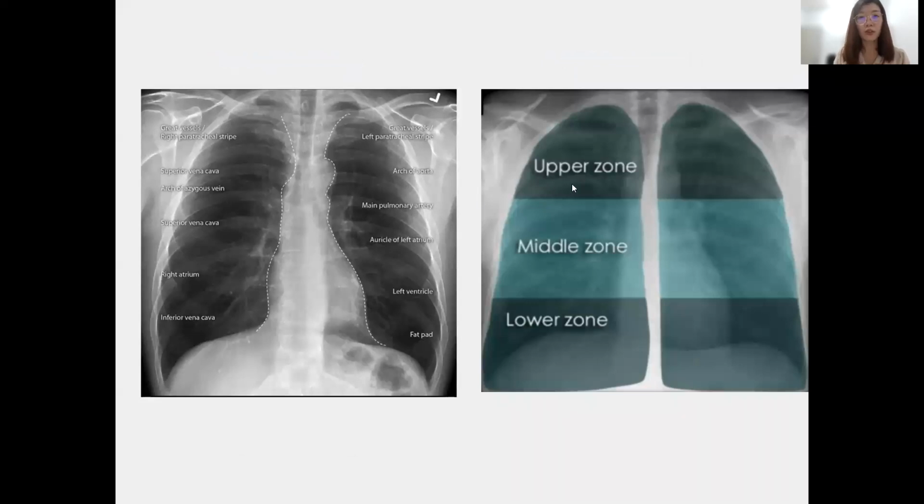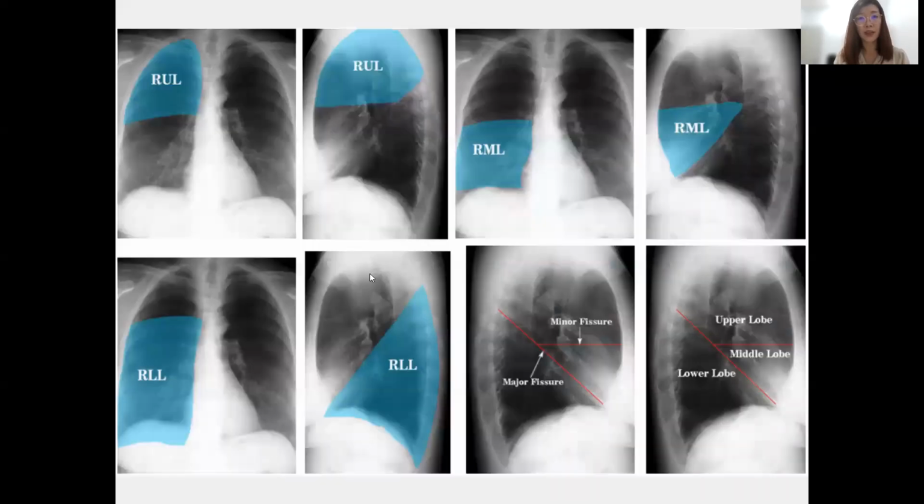Okay, so the division of zones will be upper zone, middle zone, and lower zone according to this diagram. For the lobes, we have 3 lobes on the right side and 2 lobes on the left side.